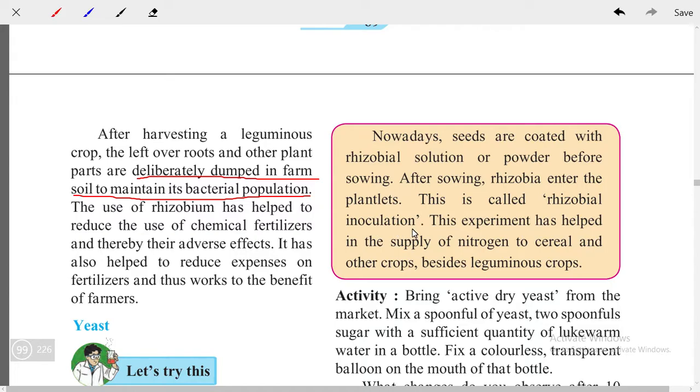This experiment has helped in the supply of nitrogen to cereals and other crops besides the leguminous crops. कडधान्य असतील किंवा इतर धान्याला, लेग्युमिनस क्रॉप सारखे, ते नायट्रोजनसचे घटक पुरवतात, जेणेकरून it grows properly and reduces the chemical fertilizers. Okay.